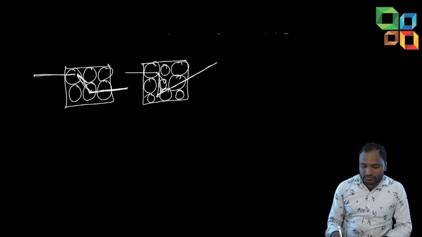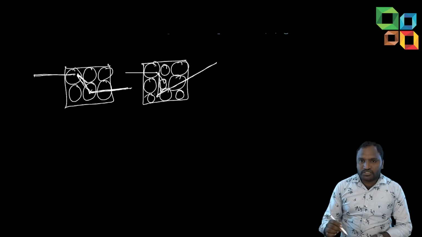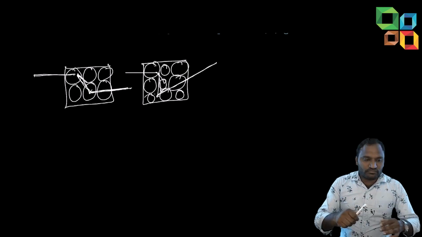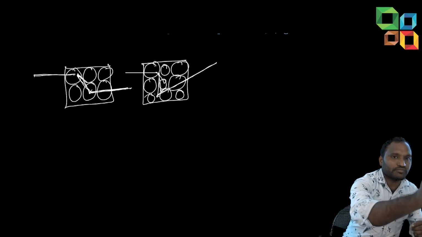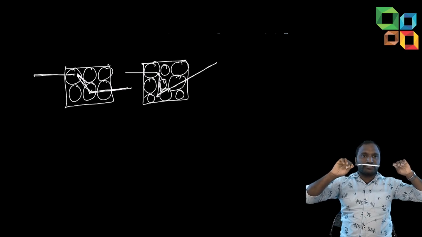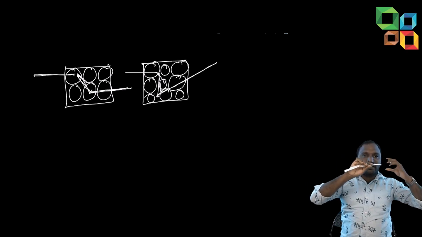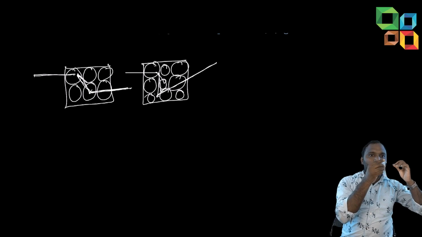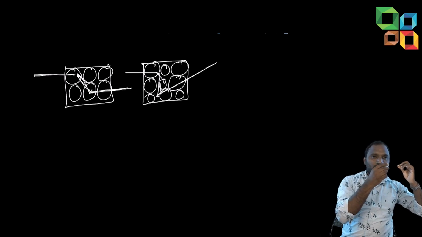Then it will change here afterwards. See, one best example is this paper, with one student. Light entered like this. One molecule made it turn like this.